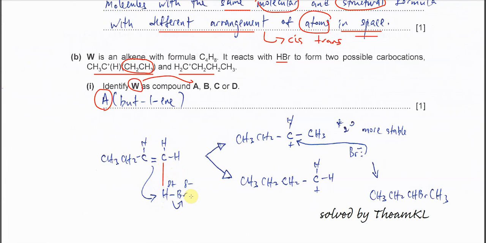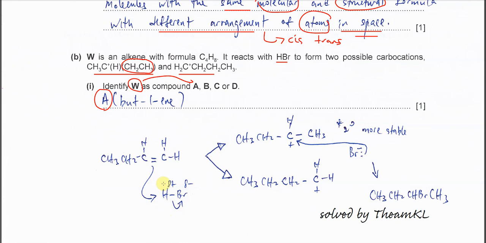So the mechanism is you must put the dipoles, partial positive on hydrogen, partial negative on bromine. After that, draw an arrow from the C=C double bond pointing to the hydrogen, and draw another arrow from the H-Br bond pointing to bromine, like this.